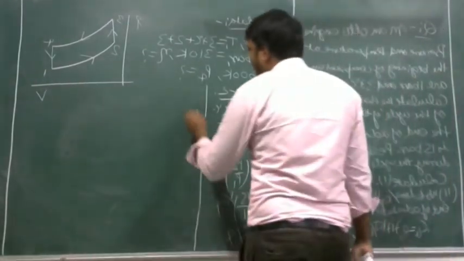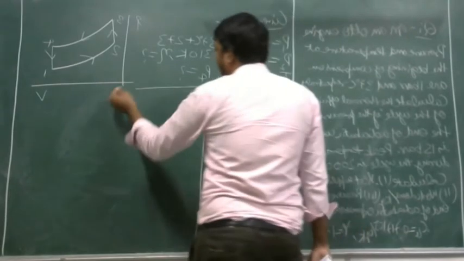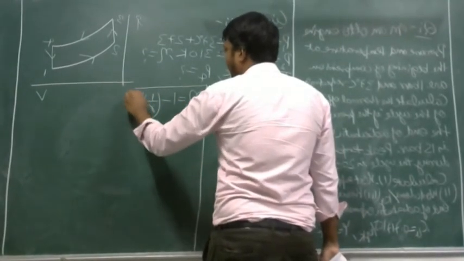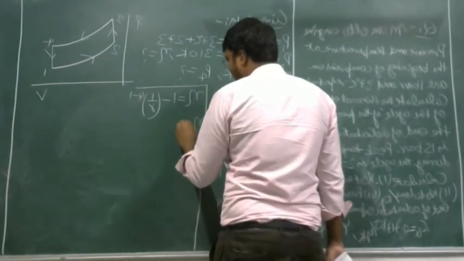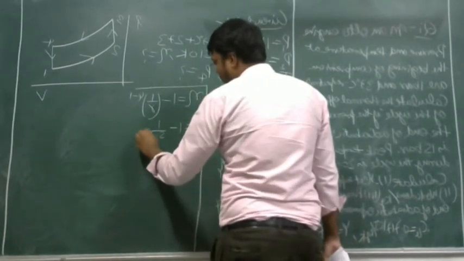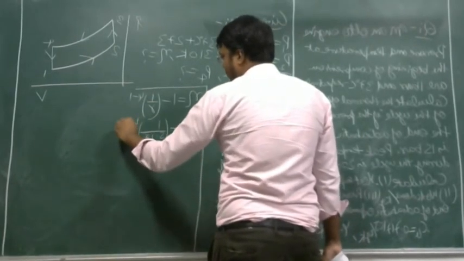Now we can calculate the efficiency. Eta is equal to 1 minus 1 by R to the power gamma minus 1. Put the value of R here. It will be equal to 1 minus 1 by 5.14 to the power 1.4 minus 1.